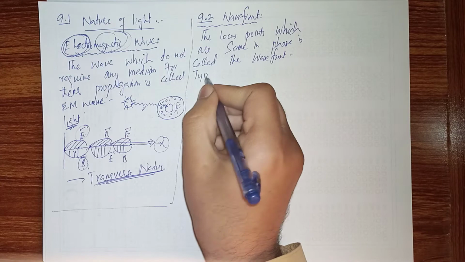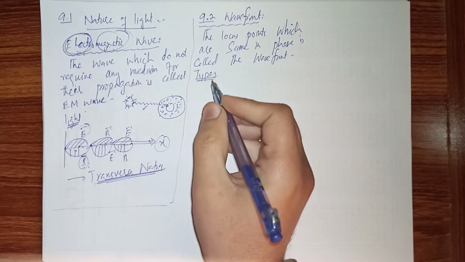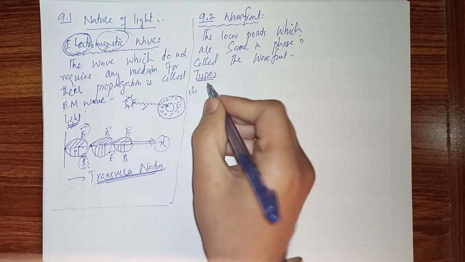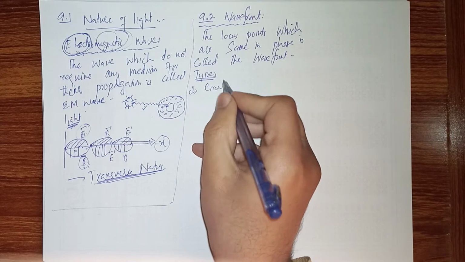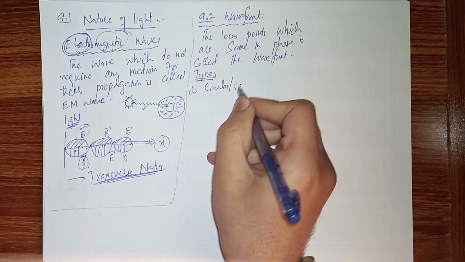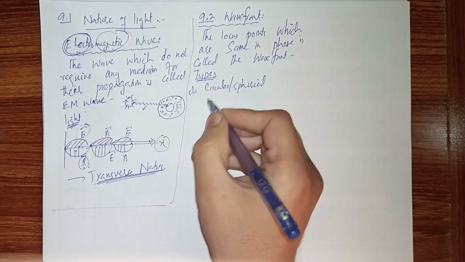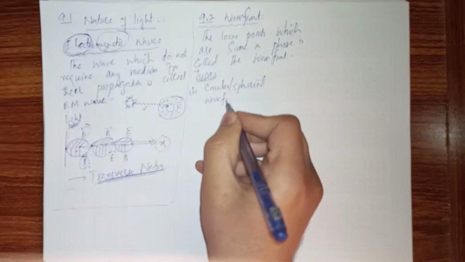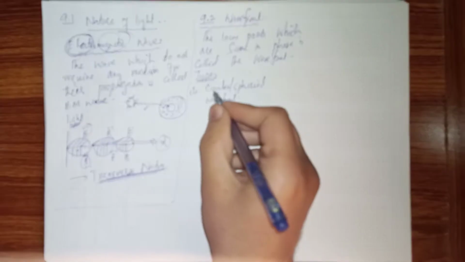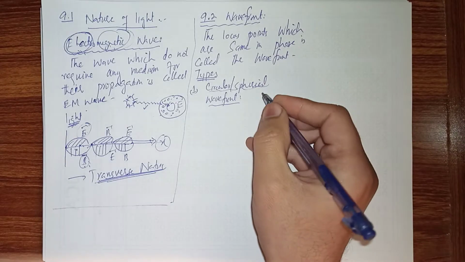There are two types of wavefront. One is called the circular or the spherical wavefront. Okay, how we can define it?